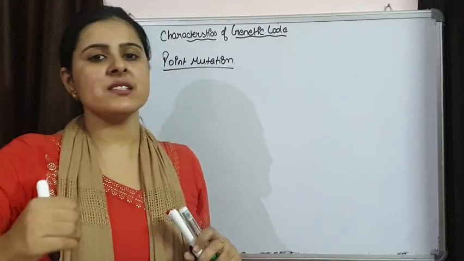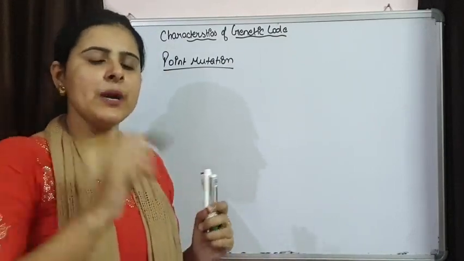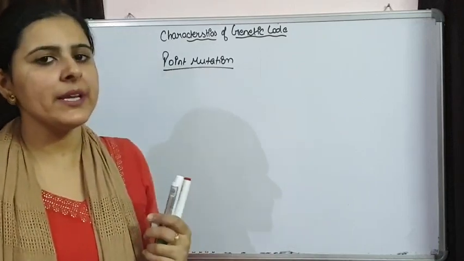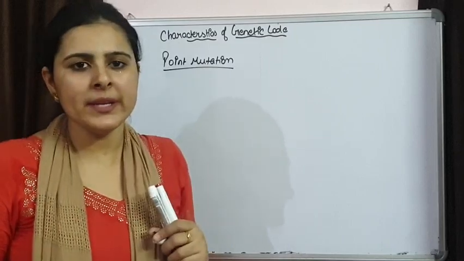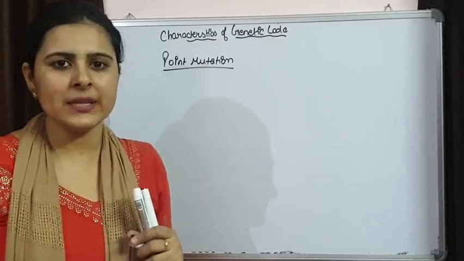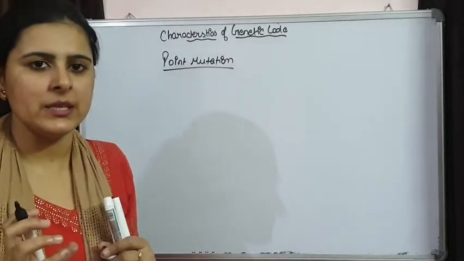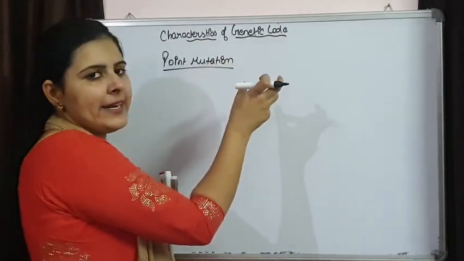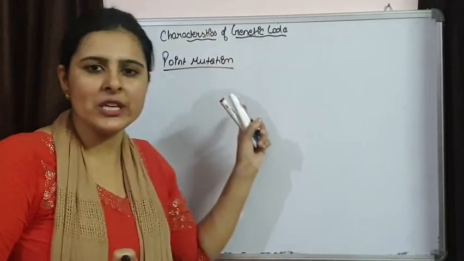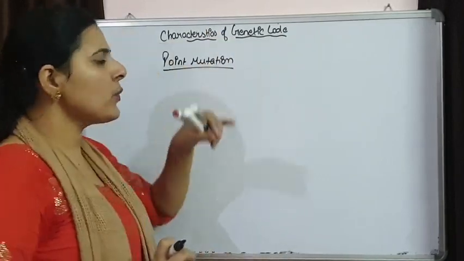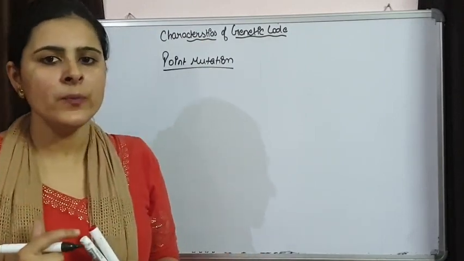Change means substitution is taking place. A pyrimidine can be replaced by pyrimidine, or purine by purine, or a purine by a pyrimidine. All the situations can be there. So there will be a change in the amino acid. The codon in which the point mutation is taking place is also affecting one of the amino acids.